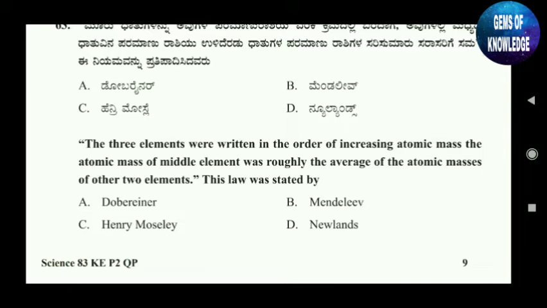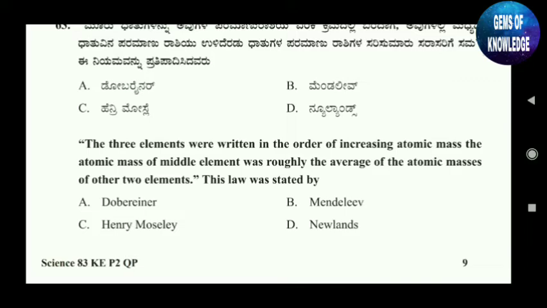When we add the masses of the left and right elements and divide by 2, we get the atomic mass of the middle element. This was the law stated by Dobereiner, the law of triads.